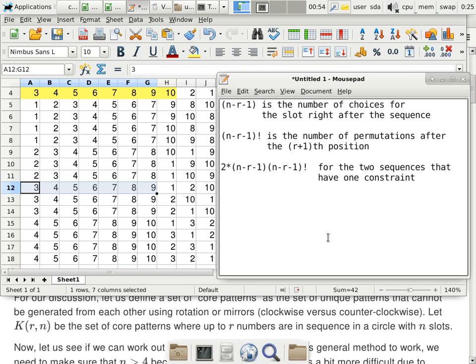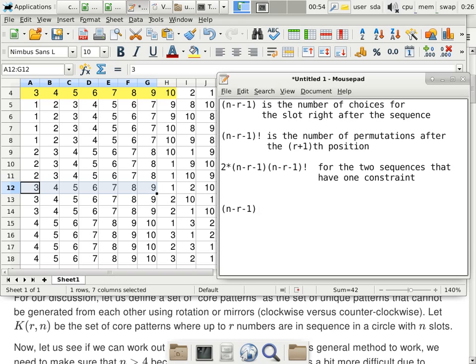So the number of sequences, starting with 2, starting with 3, and so on, turns out to be N minus R minus 1. Is that making any sense? N minus R minus 1 is 2. You have 6, but the first 3 of the 6 start with 2 to 8. The second 3 start with 3 to 9.